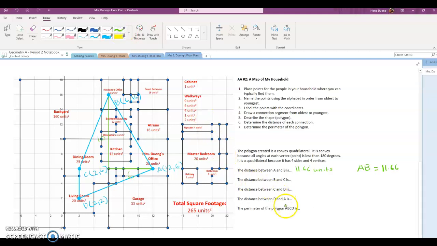The distance between B and C is 10.77 units. In other words, BC is equal to 10.77. The distance between C and D is 4 units.